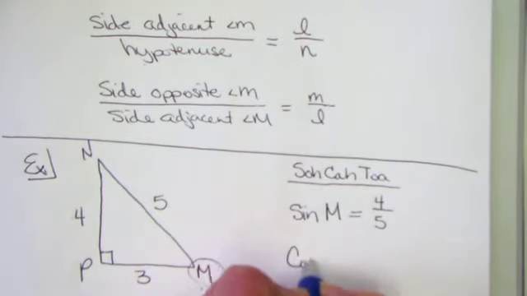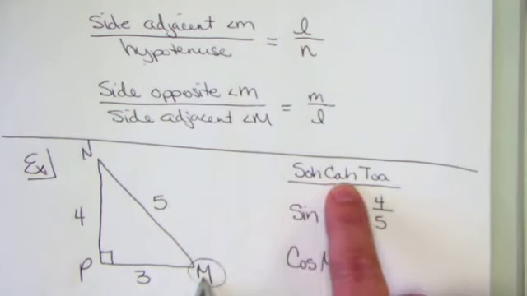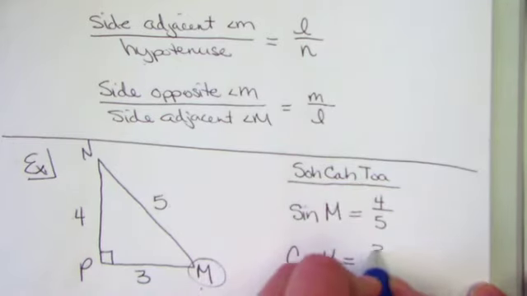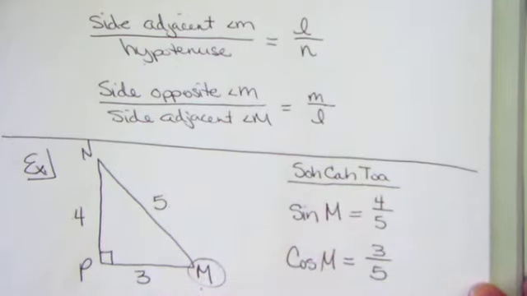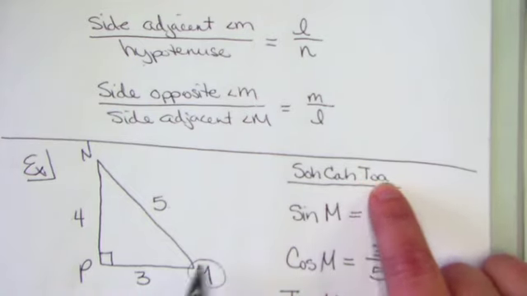If I wanted to find the cosine of angle M, again, I go to my angle. I know that cosine is adjacent over hypotenuse. Adjacent is 3, hypotenuse is 5. And finally, if I wanted to find the tangent of angle M, come to angle M. Tangent is opposite over adjacent.